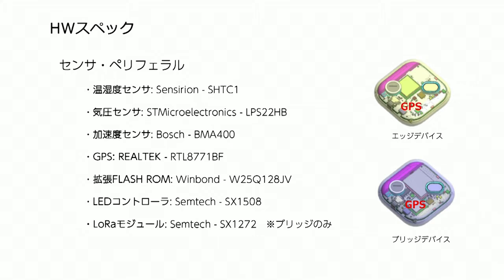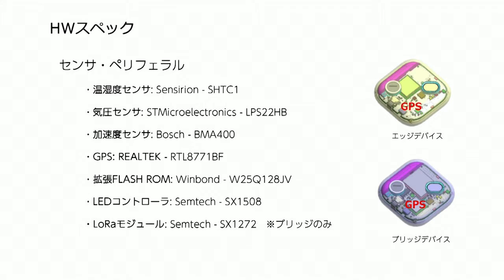And this is a list of peripheral devices we used, various sensors. And as for the edge, those sensors were attached. And for bridge, the bridge device receiving the Bluetooth 5.0. So for this bridge, we use the LoRa module.